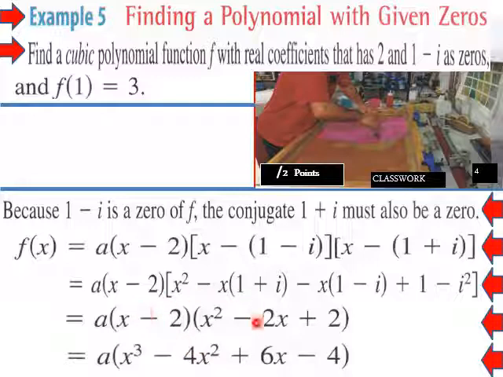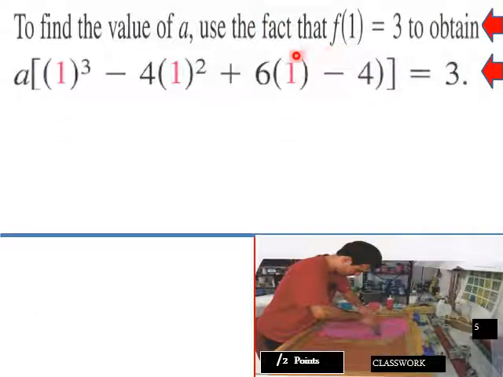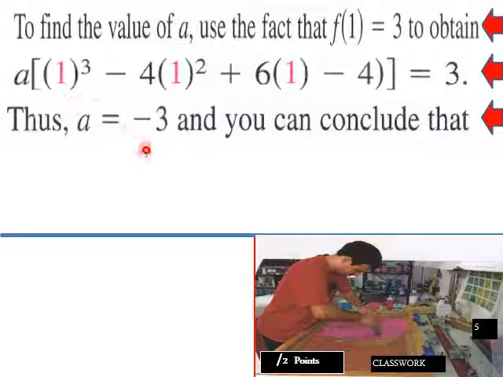And then when we multiply these together, we get x cubed minus 4x squared plus 6x minus 4, times a. To find the value of a, use the fact that f of 1 equals 3. So when we plug in 1 here to find a, it has to equal 3. We're going to solve for a now.